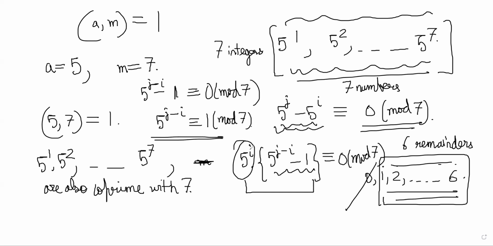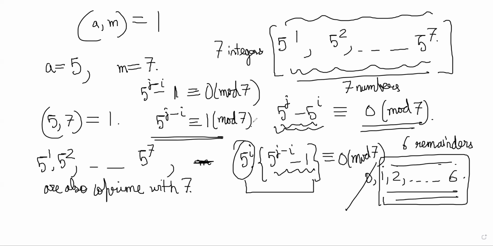So that is the logic. I hope you have got the logic of the proof. It uses the pigeonhole principle and the fact that there are only 6 possible remainders here, or m minus 1 possible remainders and m numbers. So 2 of the numbers have to have the same remainder.